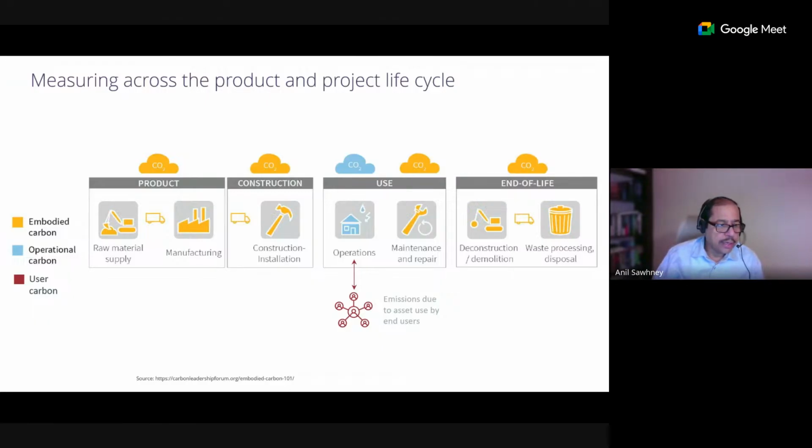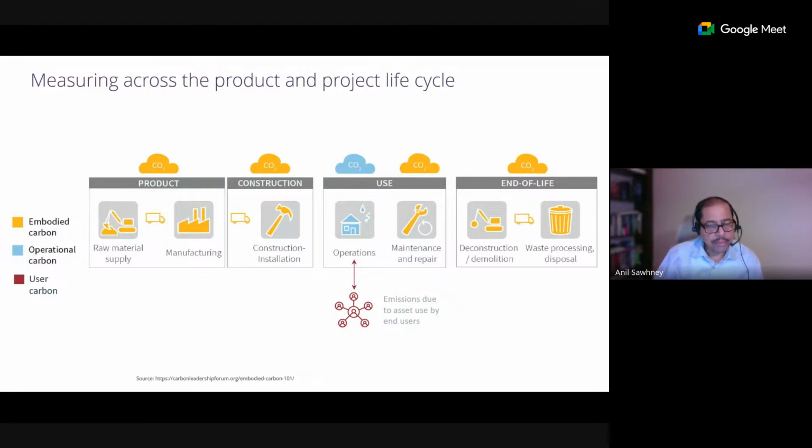We are going to look at the first stage, which is product stage. So for your building, every product that is used would have to be calculated for raw material extraction, raw material transportation, raw material manufacturing using that raw material, the construction product. Then we will measure emissions from transporting all products, bricks, paint, carpet, doors, windows, to the construction site, its installation, the emissions that come from that.